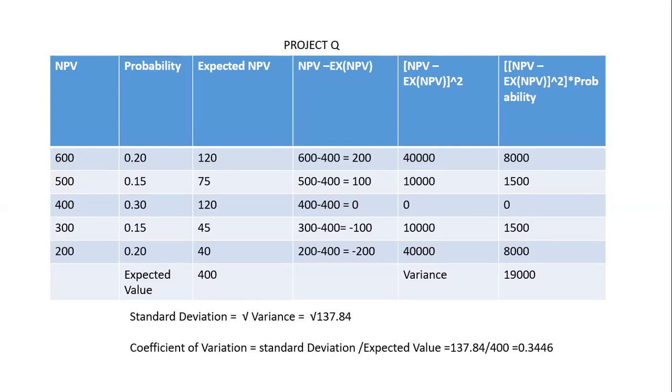Now we have to compare the coefficient of variation of project P and Q. What is the answer for P? P's was 0.1825, Q's is 0.3446.